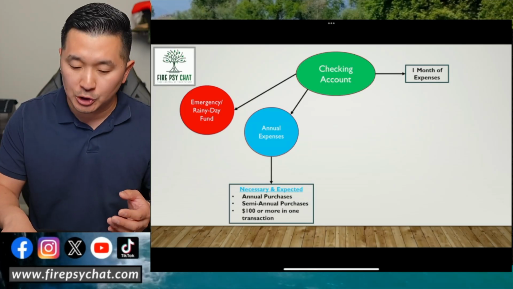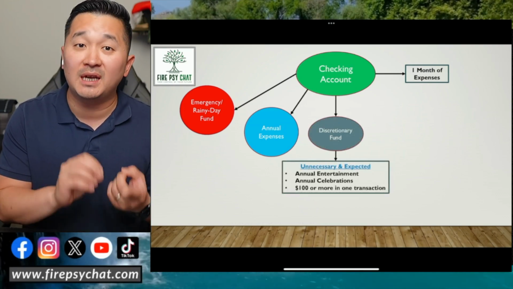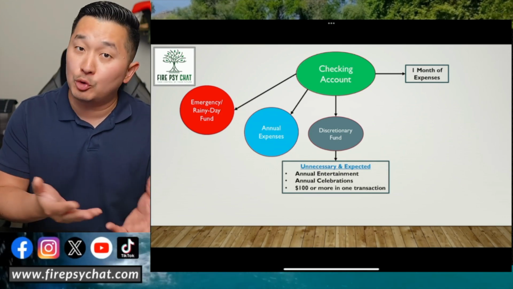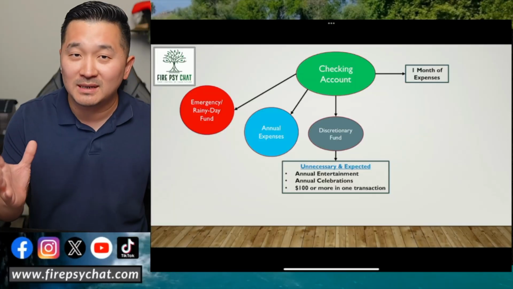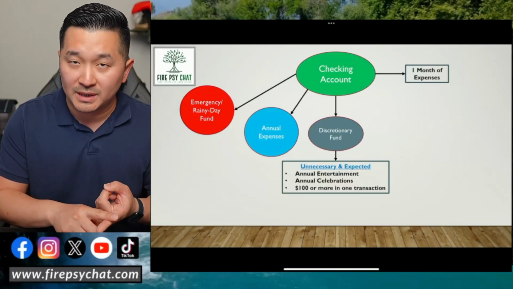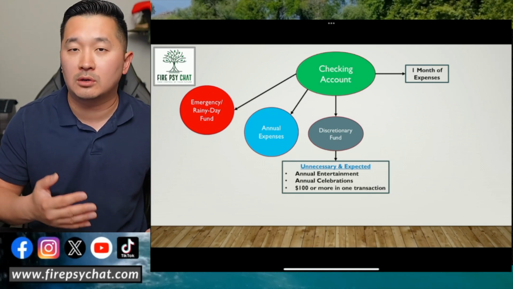And the next bucket you should have is a discretionary fund. And this is used for anything unnecessary but expected, and what's considered unnecessary would be the Taylor Swift concert. And sorry, Swifties, but you know I'm right? So something discretionary would be like birthday presents, birthday parties, concerts, sporting events, anniversary celebrations, and Christmas presents.